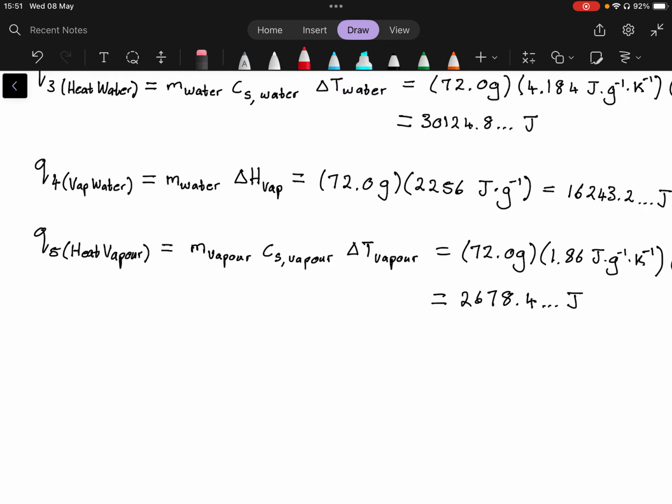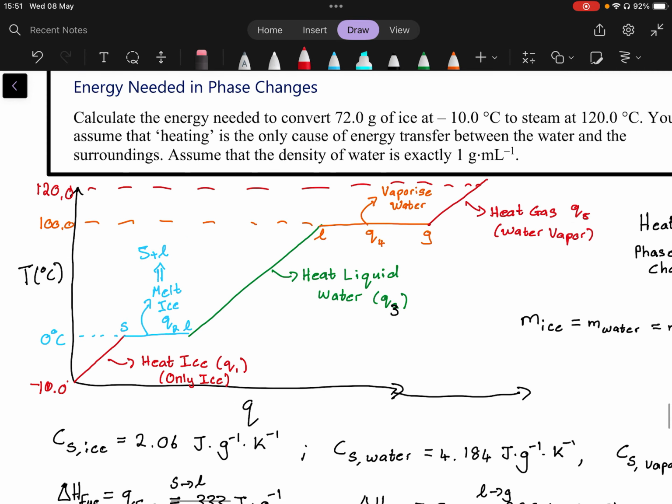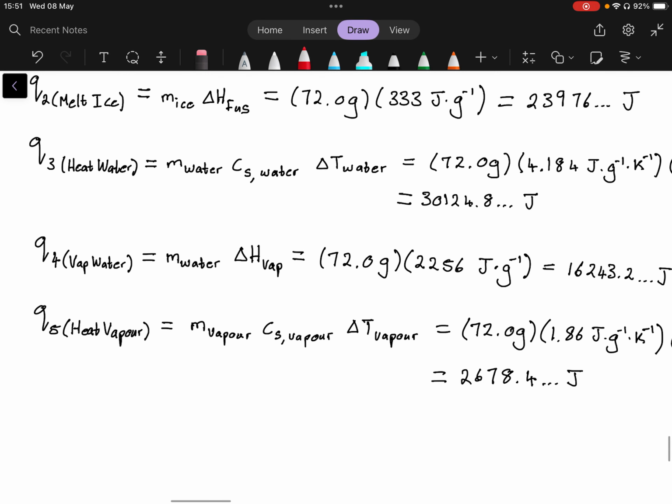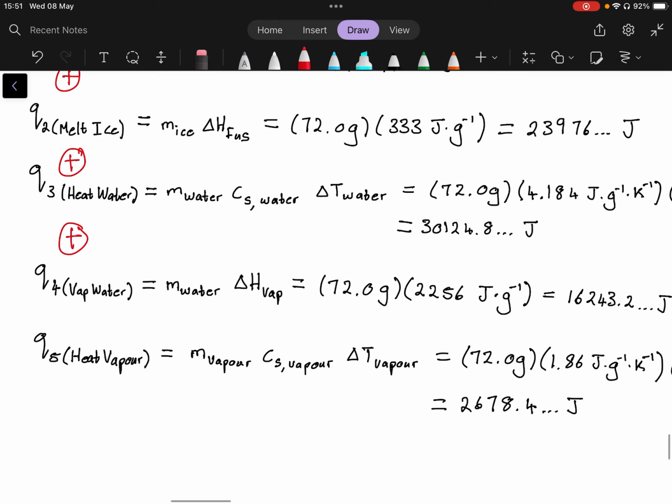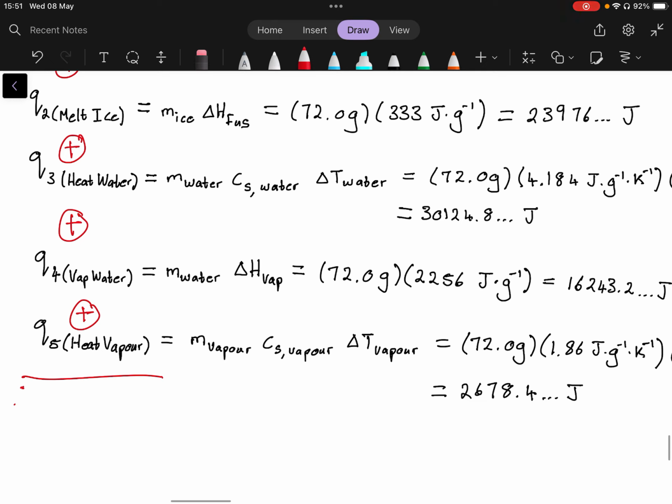Right. The final step is we need to sum all those heat values, because that is the total amount of heat to go from the left-hand side of this graph all the way to the top there on the right-hand side. So we just sum all these quantities. You can draw something like that, which you call Q total.